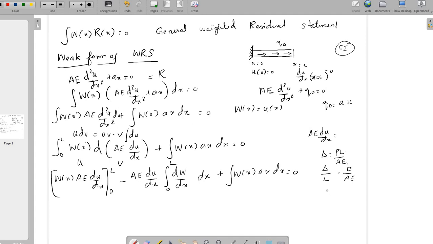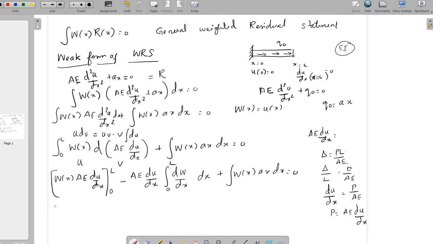Instead of delta by L, I can put du by dx because u is the displacement, x is the length. So P by AE. When you cross multiply the AE, P is equal to AE du by dx. Actually, what is meant by AE du by dx? It is the axial force.